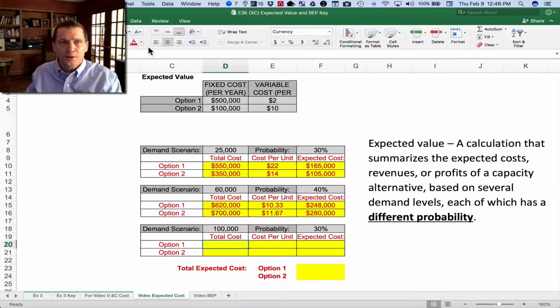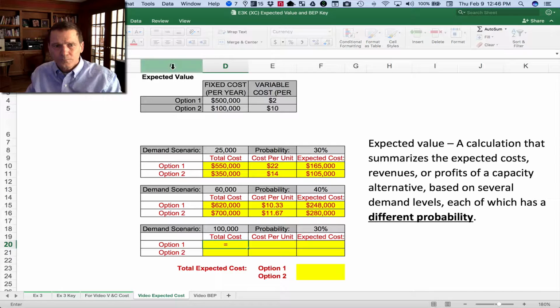Let's do the last one, and then I'm going to show you why this can be a great tool. So, down to the higher volume, equals my fixed cost plus my variable cost times my volume.